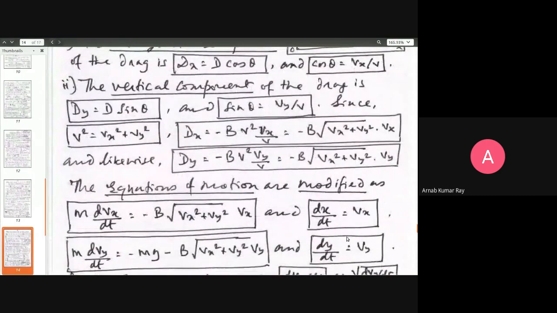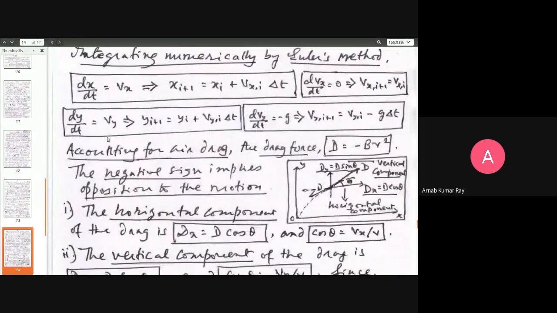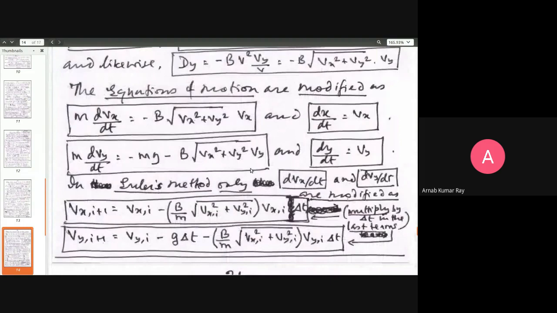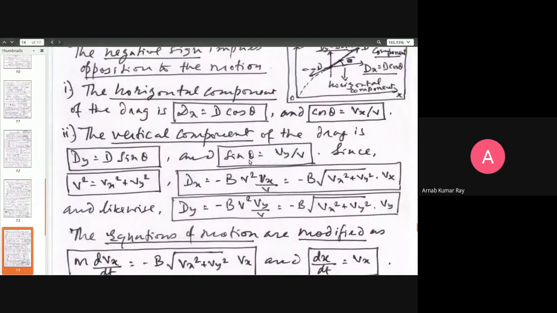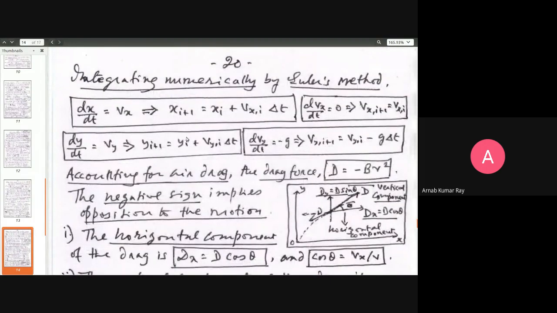So dx dt is equal to vx and dy dt is equal to vy. These two equations are still the same. If I were to apply Euler's prescription, accounting for the air drag, then the x and the y equations, x as a function of t and y as a function of t, will remain the same in the prescription, except that now vxi and vyi become more complicated variables.